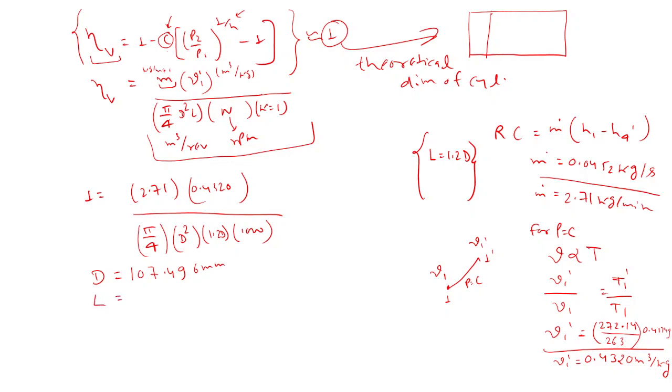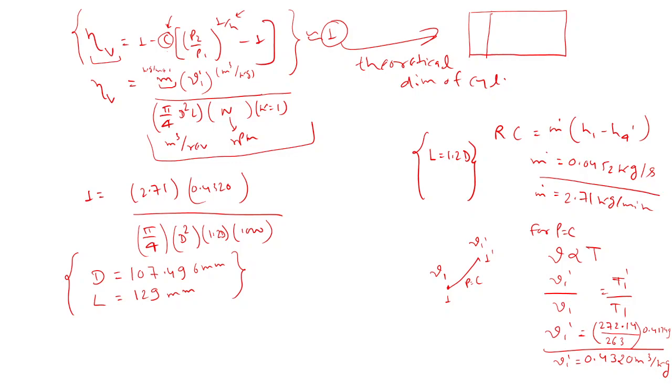What is the length? 129. So this is the theoretical dimension of our cylinder, right? These are the theoretical dimensions of our cylinder, correct or not?